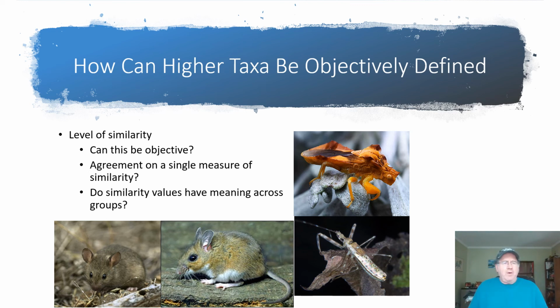But something even more troubling is that we have to ask ourselves whether or not a particular characterization of similarity can be exported from the context of talking about insects, such as the two reduviid bugs I have there on the right-hand side, to talking about organisms in a totally different group, like the two mice on the left-hand side.